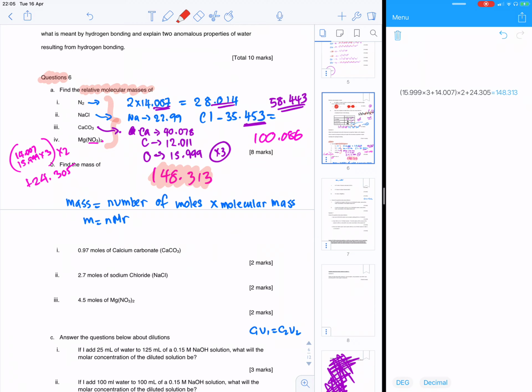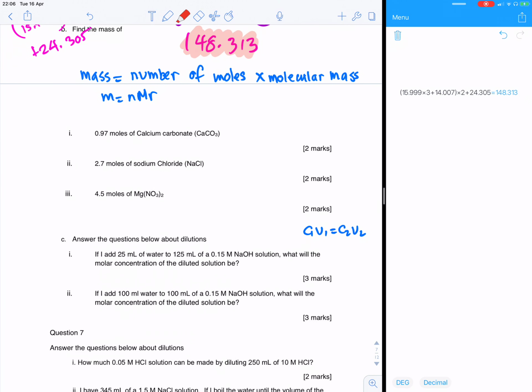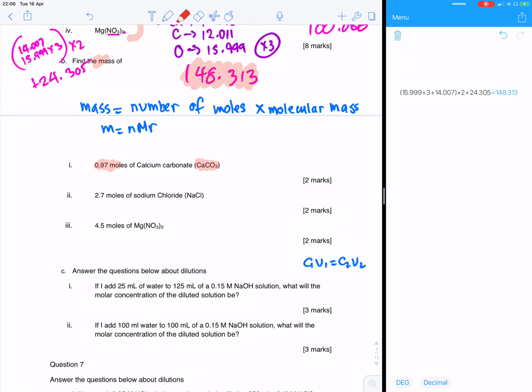Okay, then the next part is this here. We're given 0.97 moles of calcium carbonate. Okay, and we have to find the mass, so we're calculating the mass. The formula for the mass is the number of moles times molecular mass, or M equals N times Mr. So M is the mass, N is the number of moles, and Mr is the molecular mass.